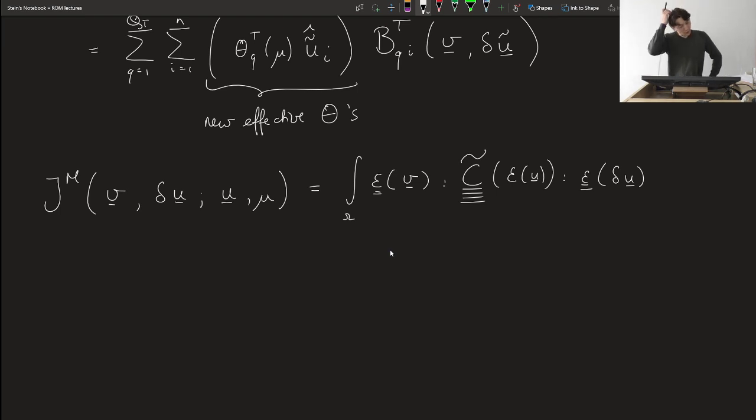And let's think about this a little bit, because this could be very nasty, right? This could be a very nasty nonlinearity. It could have all kinds of dependencies on the strain field of our previous solution state. And we've considered all kinds of options, right? We have hyperelasticity, plasticity, maybe there's a damage parameter in there, a hardening parameter in there. So we can have all kinds of functions in there. We could really have very nasty nonlinearities.